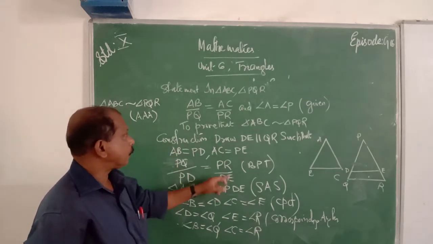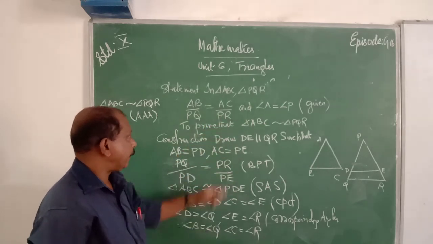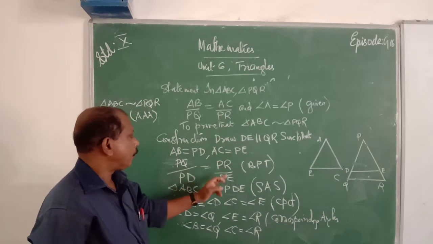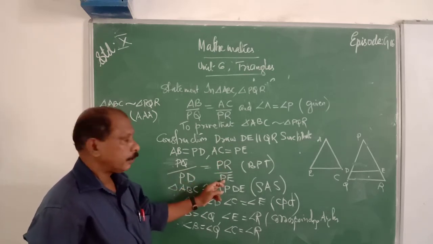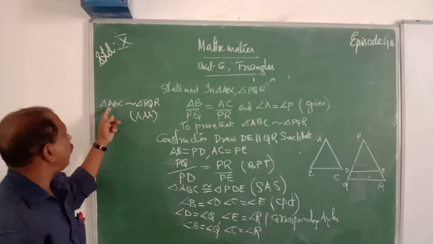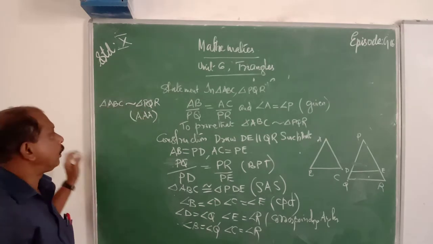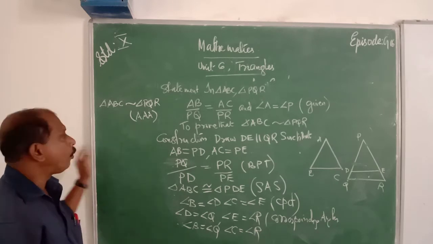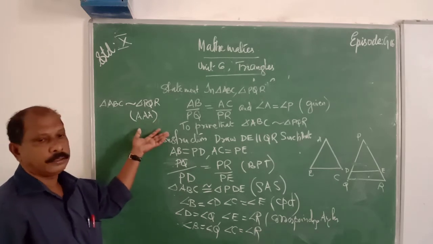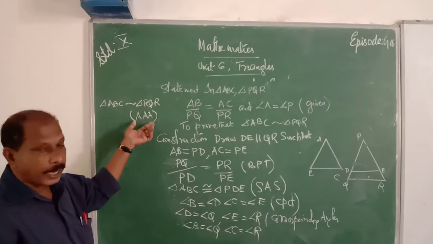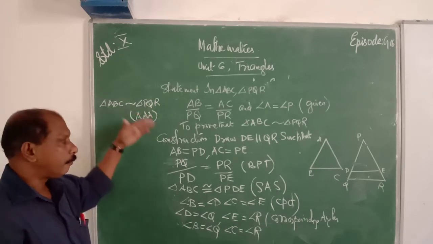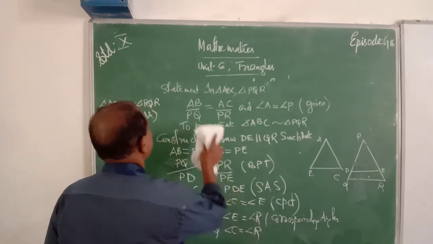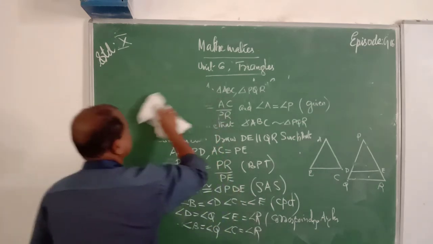PE is replaced by AC, therefore PQ by AB is equal to PR by AC. Therefore, triangle ABC is similar to triangle PQR, that is side, angle, side criteria, or SAS criteria, or AAA criteria. We proved that these two triangles are similar. That is theorem number 6.5.